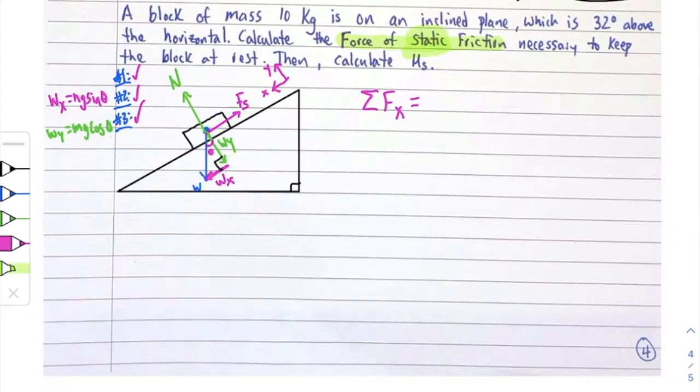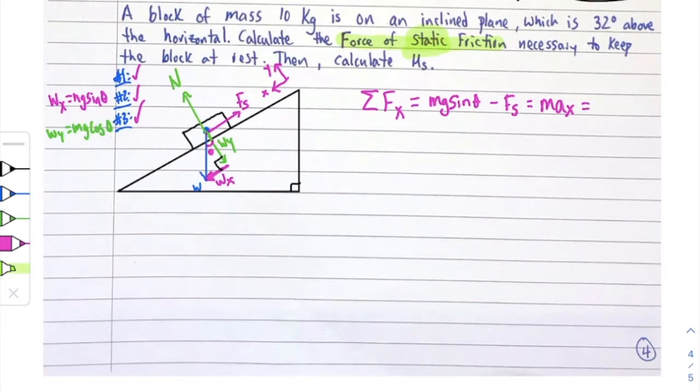So let's go ahead and say Wx is going down the ramp, and we've defined down the ramp as positive. So Wx is going to be mg sine of theta. And Fs is going to be negative Fs since it's going up the ramp. And those are our two forces, so I'll set it equal to Max. And in this problem, they say that the block is at rest.